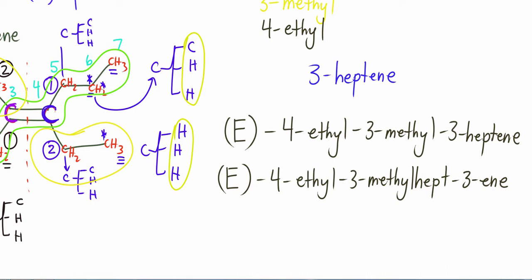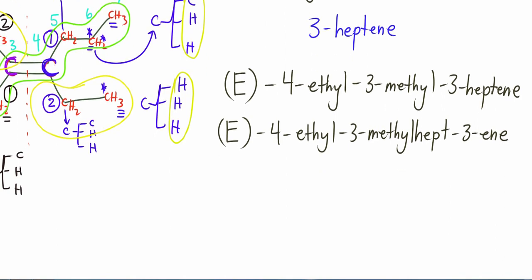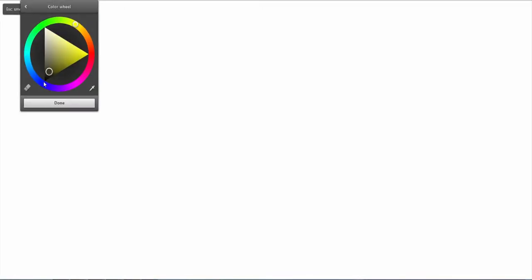All right, let's look at an example that has 2 double bonds. We're moving on up to 2 double bonds.